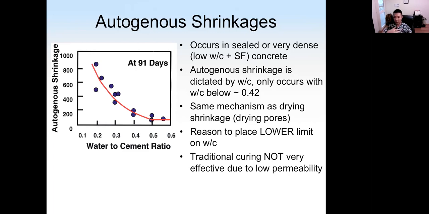If the concrete cracks, no matter how strong you design it, the concrete will not be strong and not durable. And traditional curing, by covering the concrete with plastic sheets or spraying water on top, will not be very effective because, again, the concrete is very dense, permeability is very low, so external curing is not very effective.